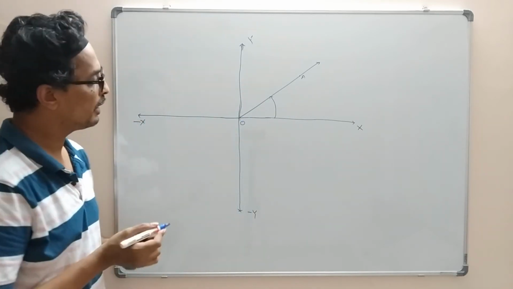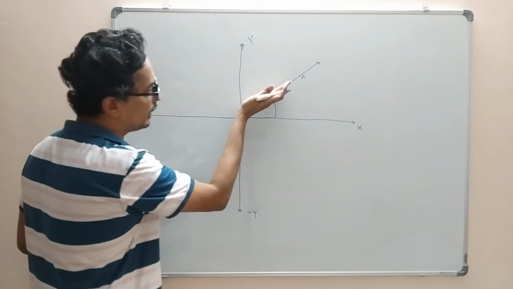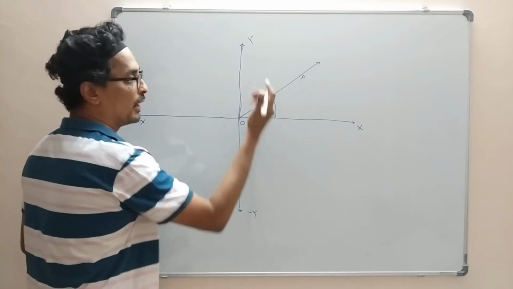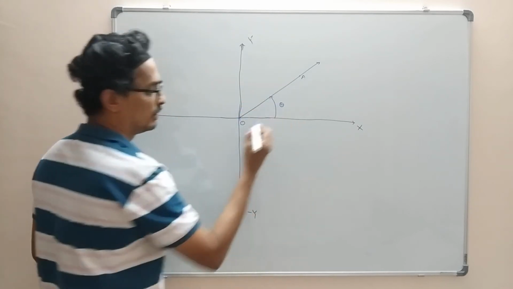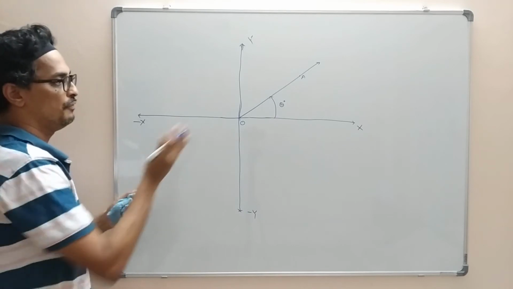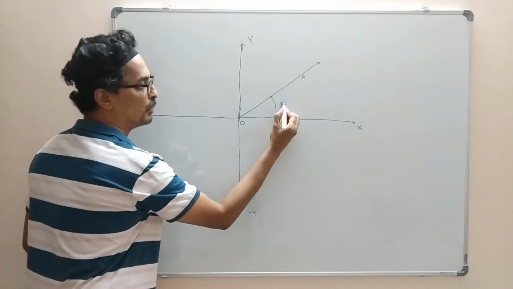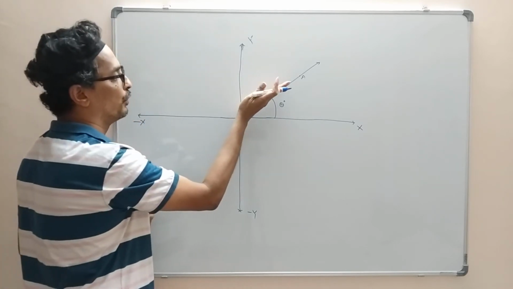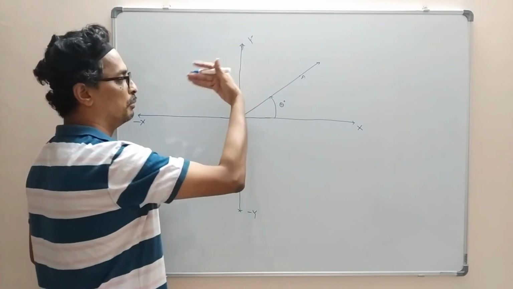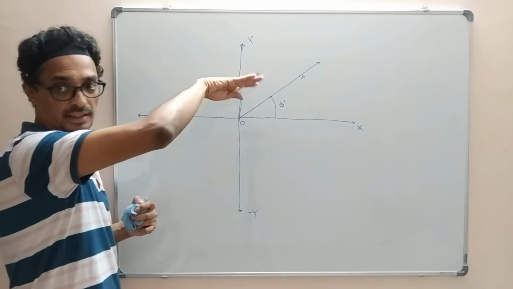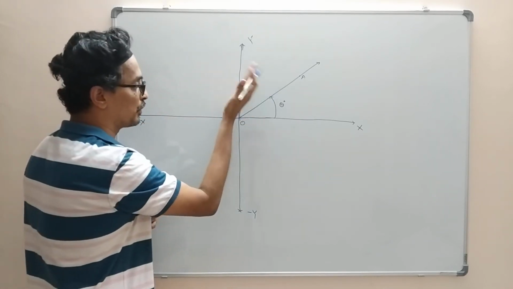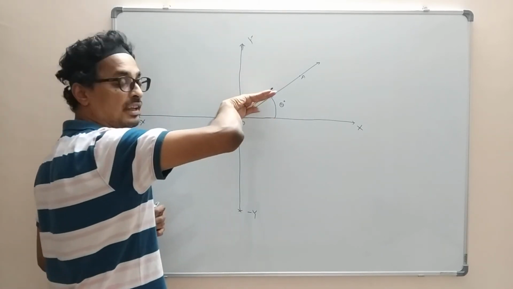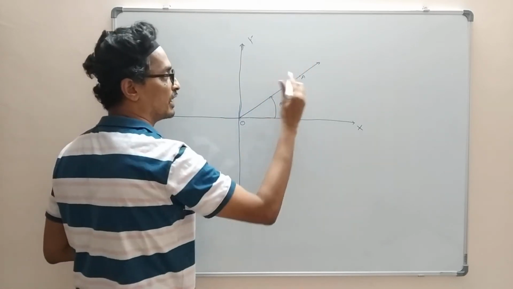Okay. Now, let me call this angle theta degree. If I rotate this, always use the small o symbol for degrees. So if I rotate this ray by 360 plus theta degree, it is again going to be directed along the same line.